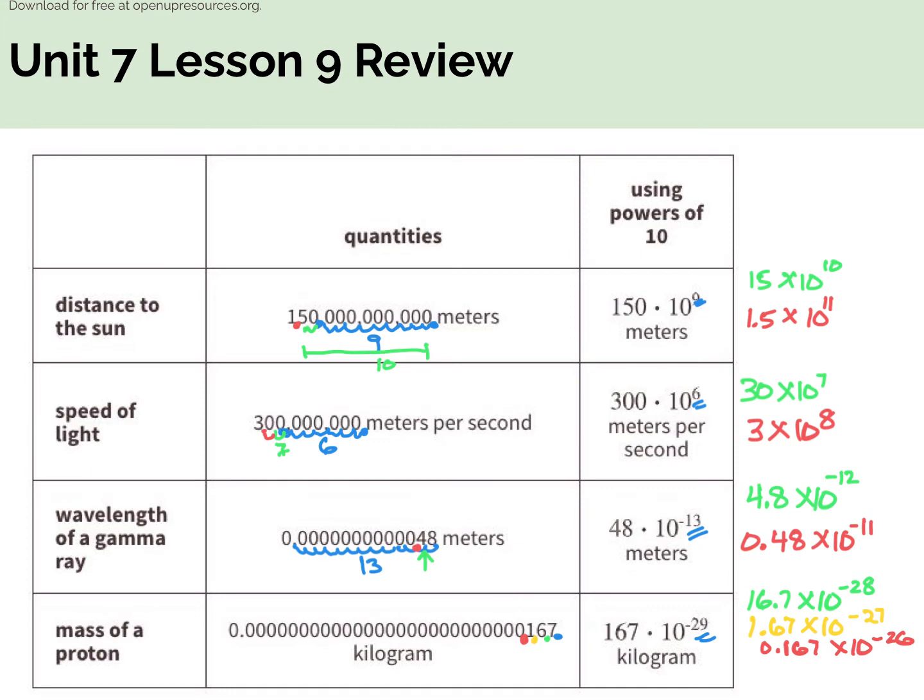And I forgot up here that we can make them so that the decimal points go in front. So we can say it as 0.15 times 10 to the 12th. If you count how many decimal places, it would be 12. And on this one, I can do it as 0.3 times 10 to the, count them all up, 9. So notice how there are different ways, but the exponents change depending on how many decimal places there are.